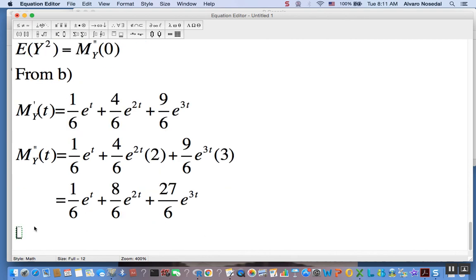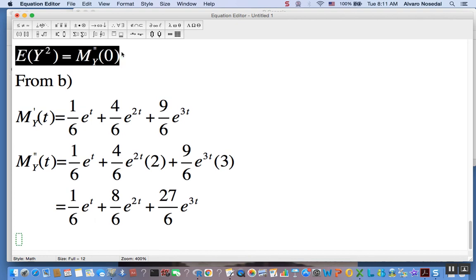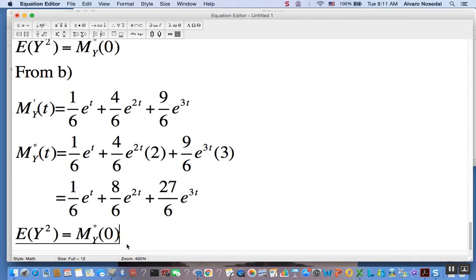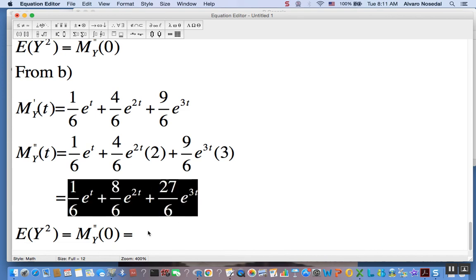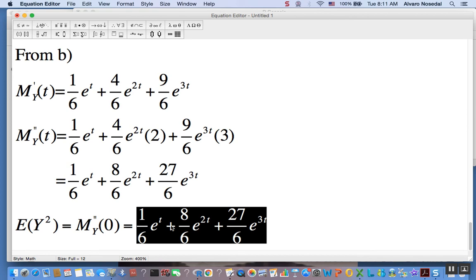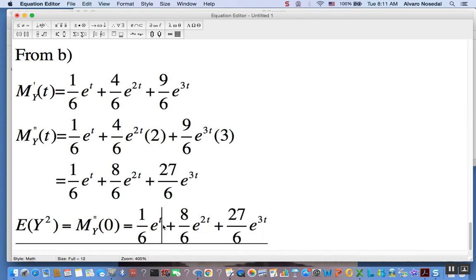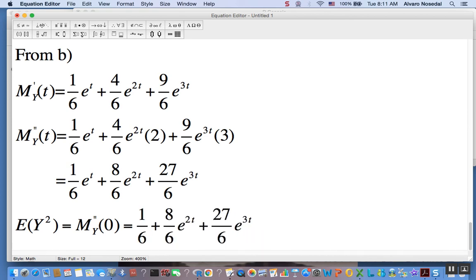Okay, finally, to find that expected value that we want, we need to evaluate that second derivative we just found at 0. Let's do that. So e to the power of 0, that's just 1. e to the power 2 times 0, e to the power of 0 again, right?